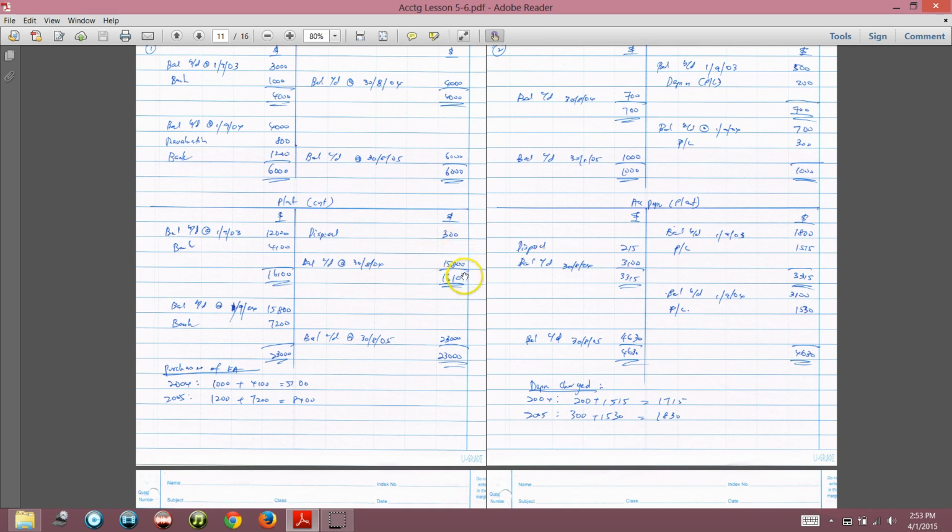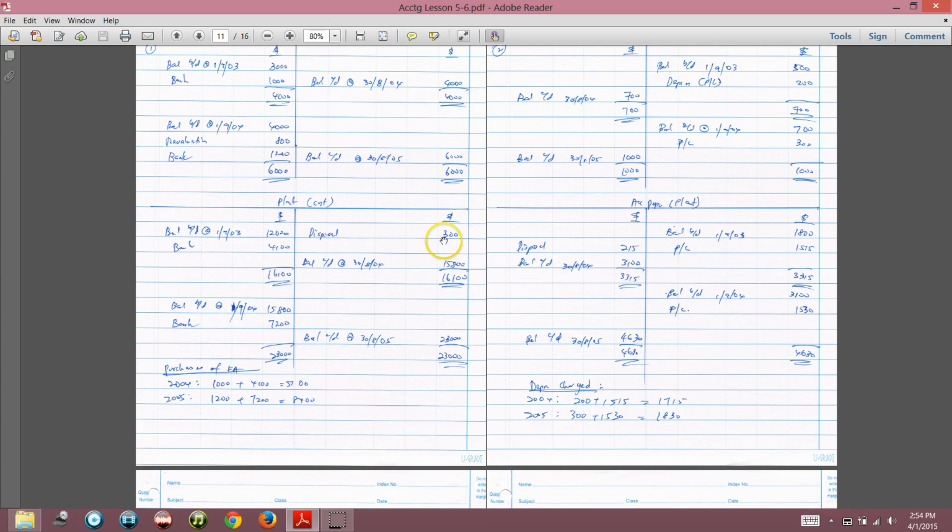So 300 plus 15,800 is 16,100. This side is bigger, so I put the same number here. So 16,100 minus 12,000, 4,100 must be what we have purchased. You see, this is the plant at cost account. At the beginning of the year, the plant at cost is 12,000, and during the year we sold 300 of the plant.